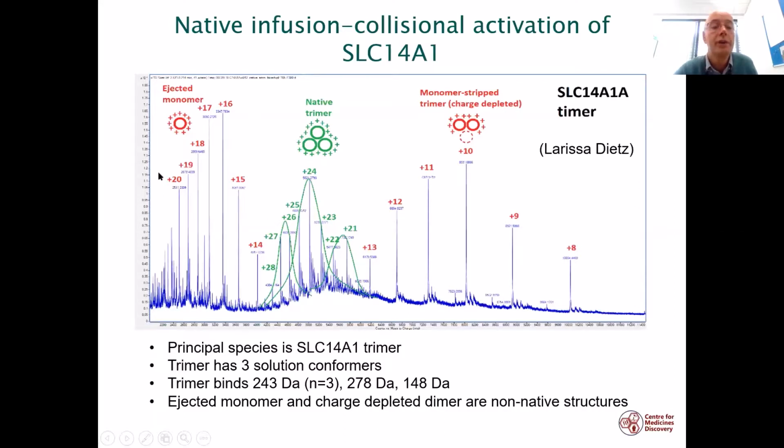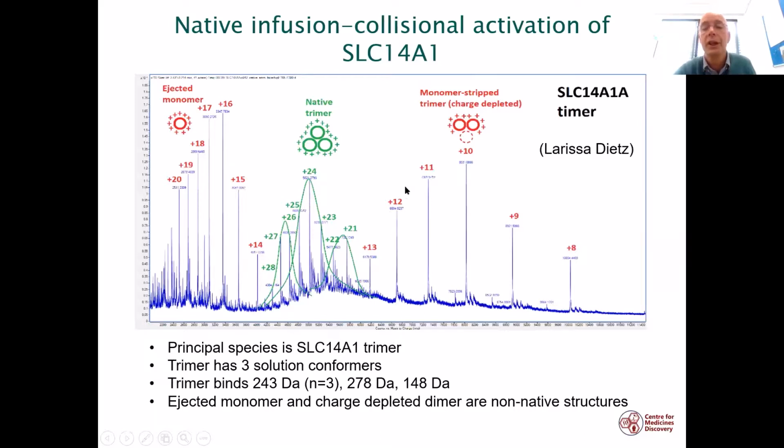These other distributions, these are artifacts of the collisional activation process. So as well as stripping away detergent molecules, you can also strip away one of the multimer subunits. And that's what's happened here. And we know that this has happened because we have this unusual charging.